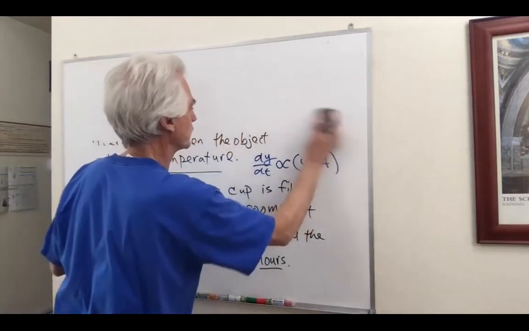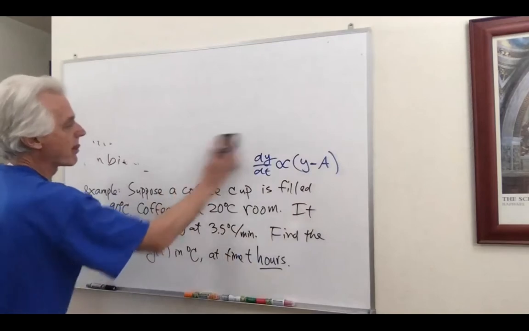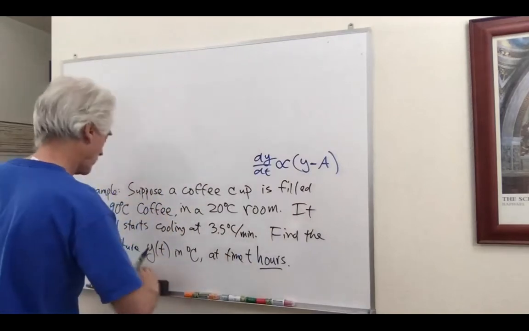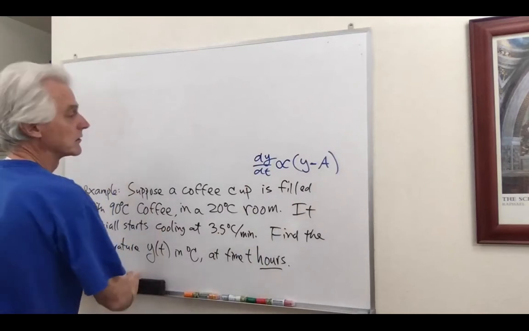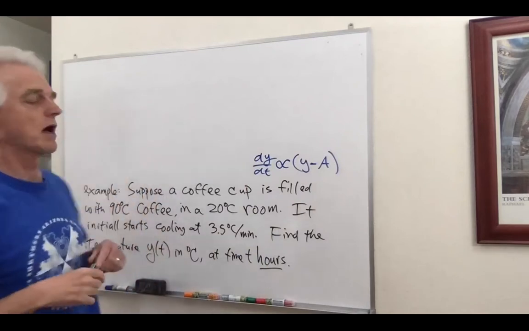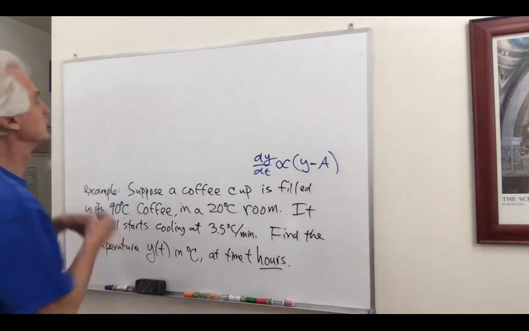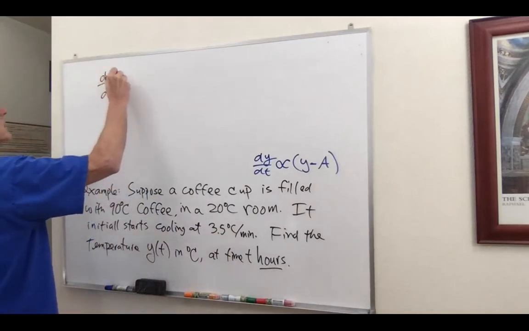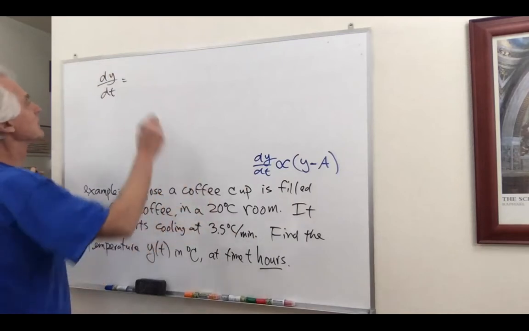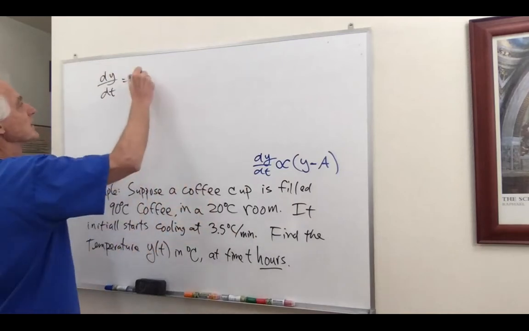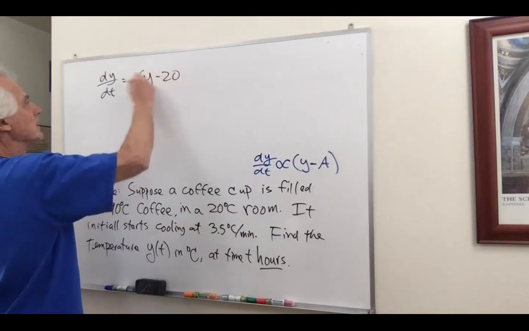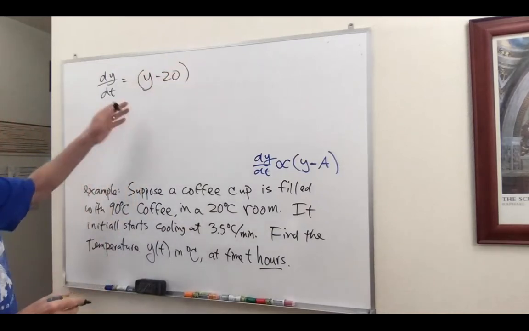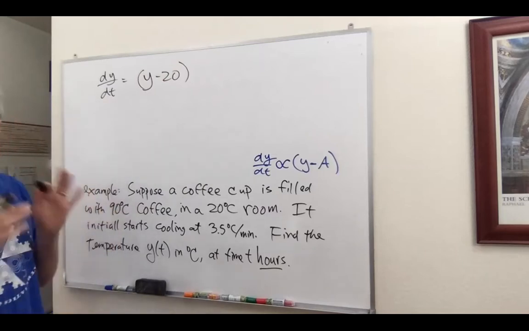So, in other words, we're going to say that dy/dt is equal to a constant times, in this case, y minus 20. And that constant is going to be a negative constant, right?